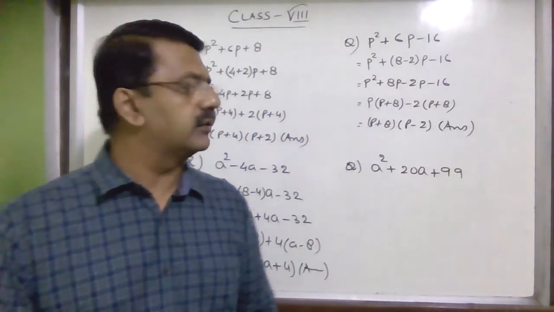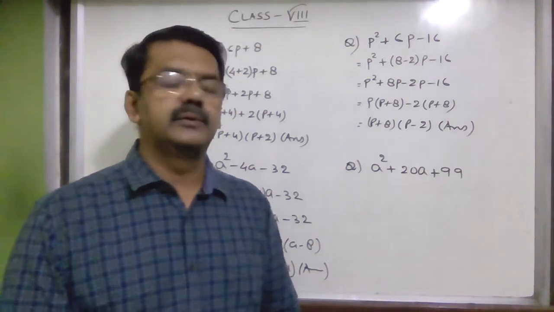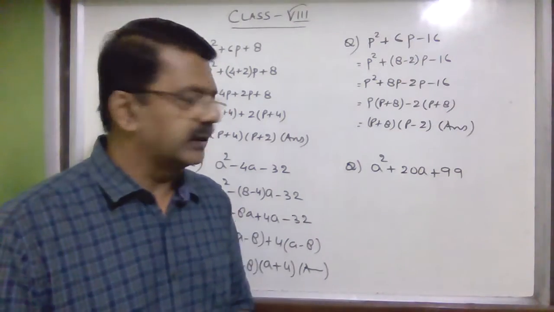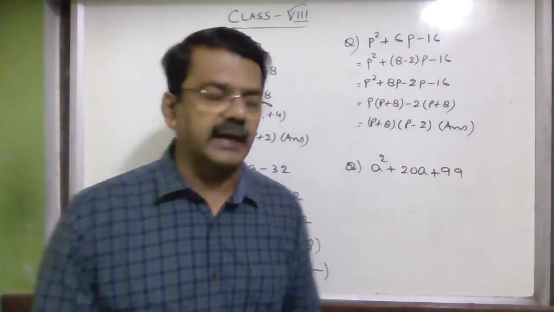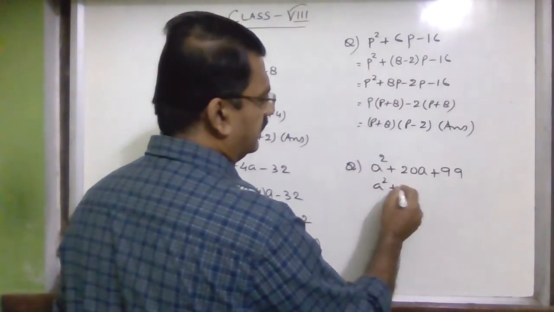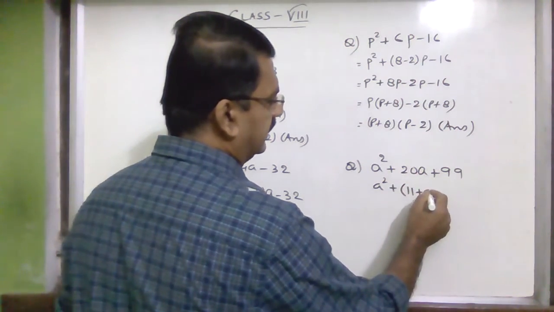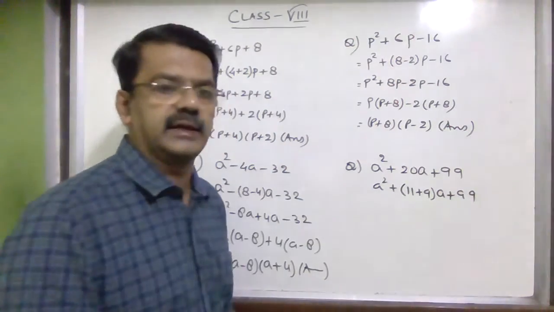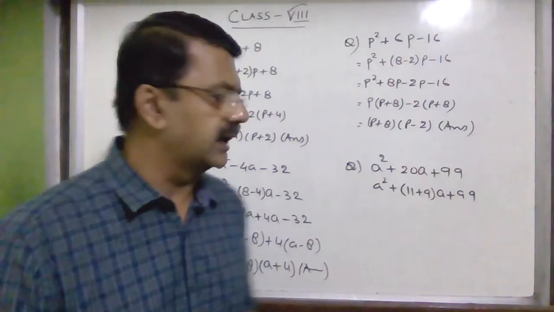So you have to think of two numbers which when multiplied give you 99 and whose sum is 20. Very simply, the numbers are 11 and 9. So I write a square plus, in place of 20 you write down 11 plus 9.